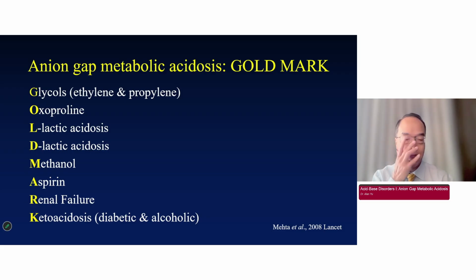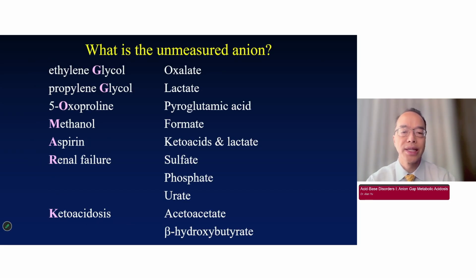But one of the things that you should obviously notice is that most of these are not themselves acids, and it's not obvious either what the anion is in the unmeasured anion. In fact, things like glycols are uncharged alcohols. So how on earth do they cause an anion gap metabolic acidosis?